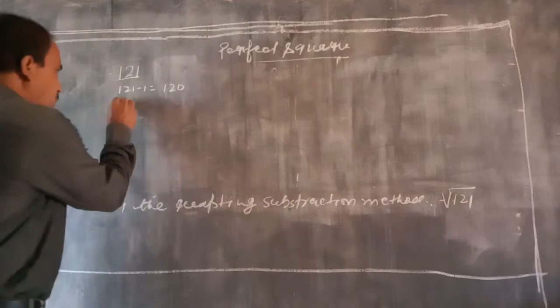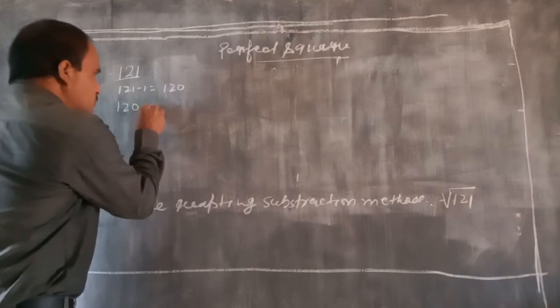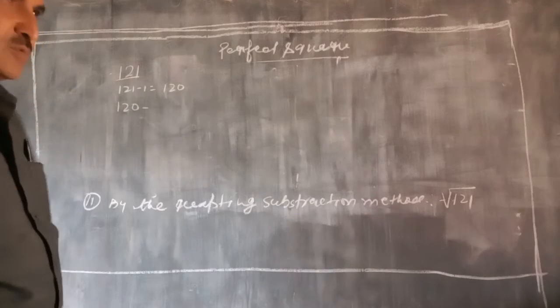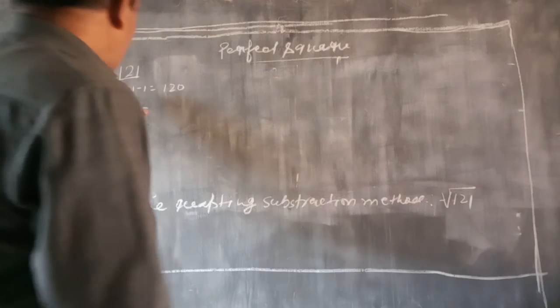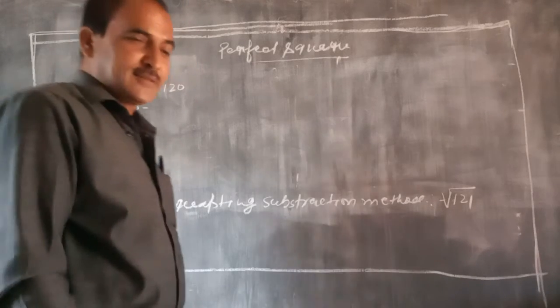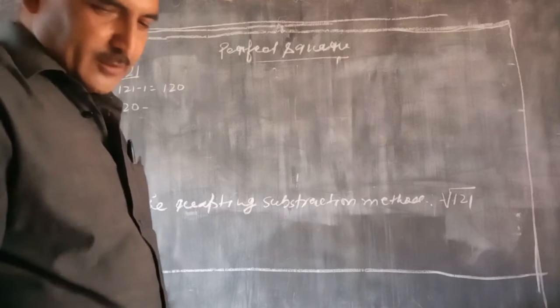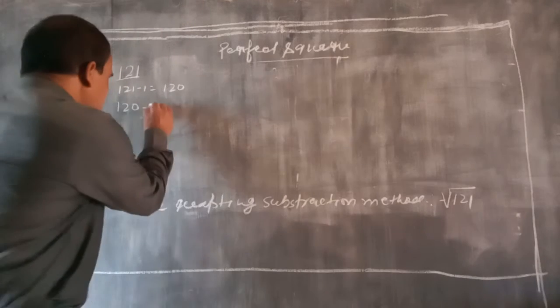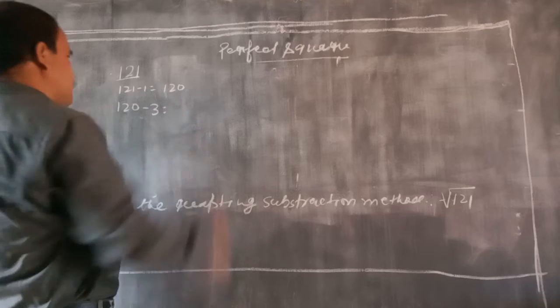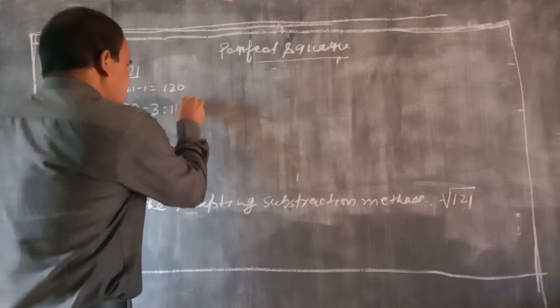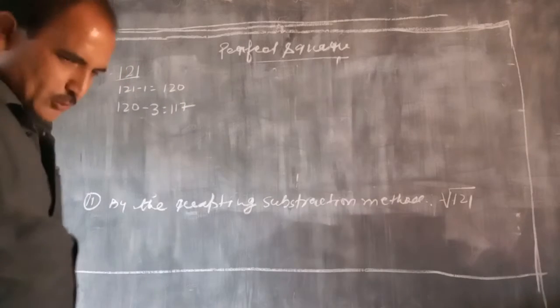Next, 120 minus 3. Then you get 117. You got that one?